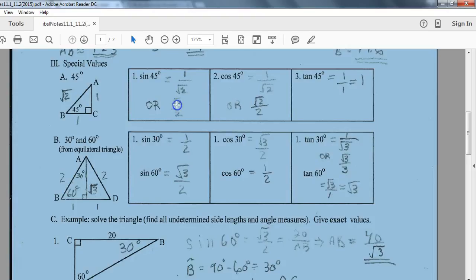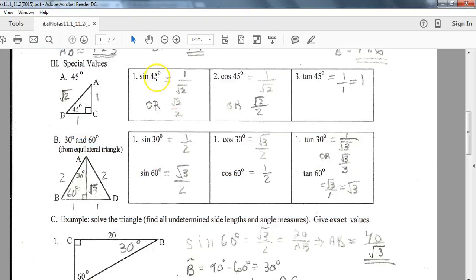You guys know from your unit circle, things like the sine of 45 or sine 30 or cosine 30, all the stuff you dealt with in your unit circle. So what some people do is they just memorize the first quadrant of the unit circle, and that really pays off for a lot of what we do. But if you don't remember the first quadrant of the unit circle, then you would just use basic right triangles like this, your special right triangles, to help you come up with those ratios.